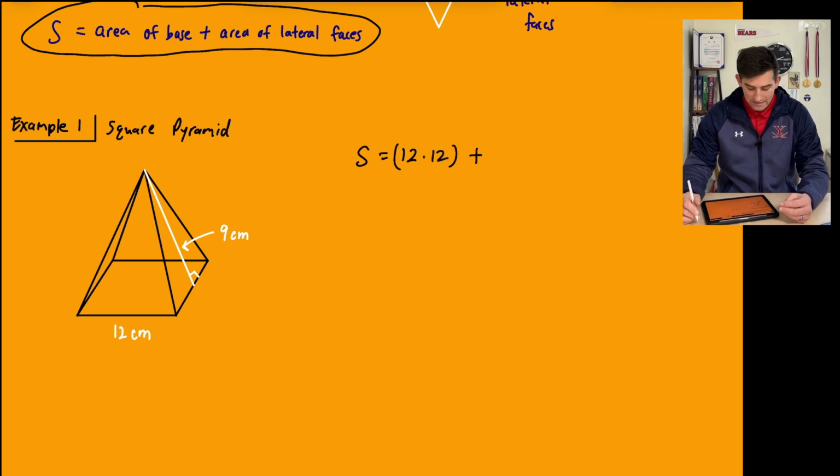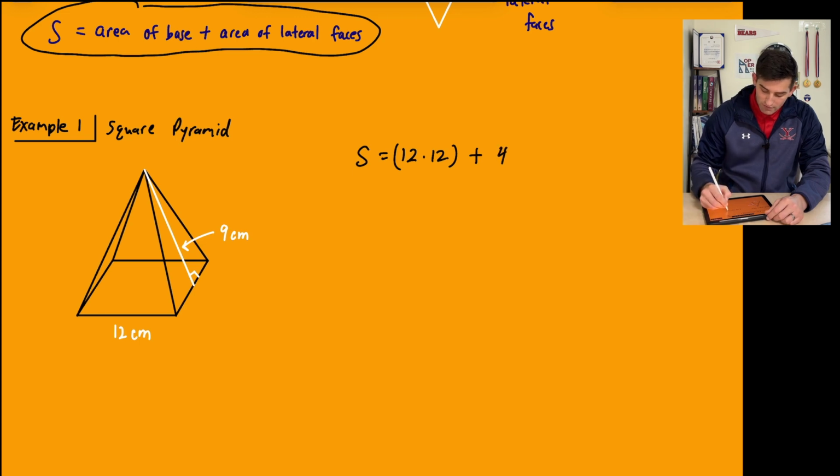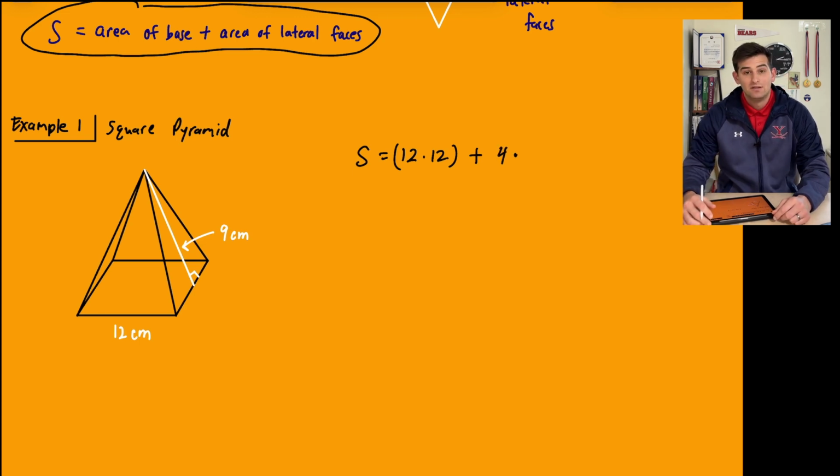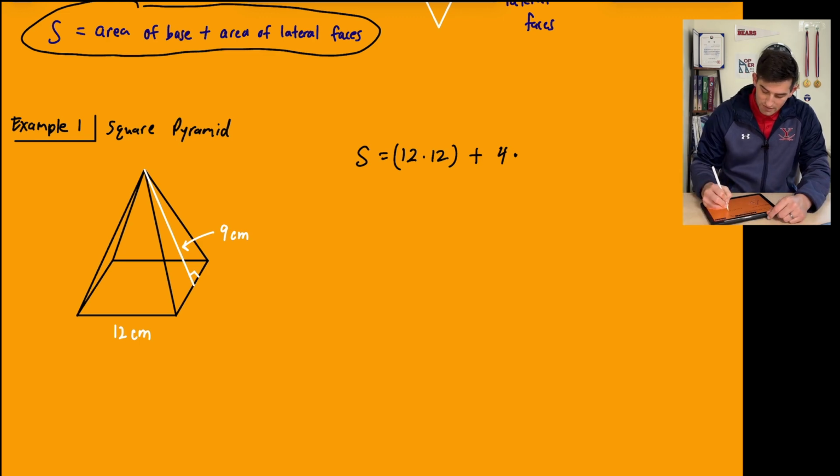Then we're going to add that to the area of the lateral faces, and there's 4 of those, right? So that's why I put 4 times. And so we know that this is going to be 1/2 base times height. Well, here we see the height is 9, and since this is 12, we know it's a square, so that would also be 12 there. So 1/2 times 12 times 9.